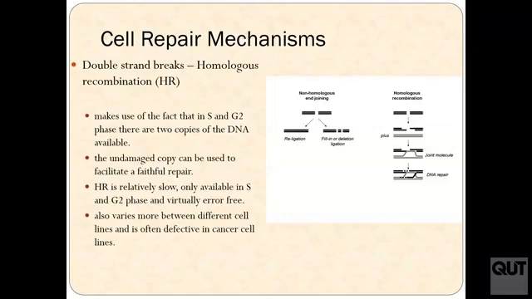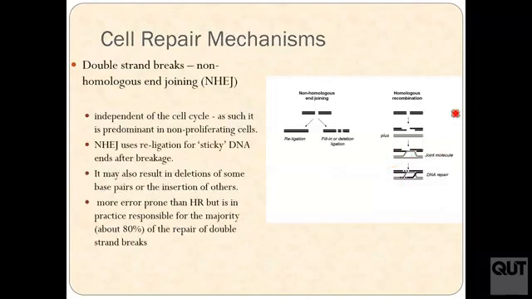So if one of the DNA molecules is damaged, the other DNA molecule can be used to copy across and do a repair of the damaged DNA. So this is slow and only available in the S and G2 phase.